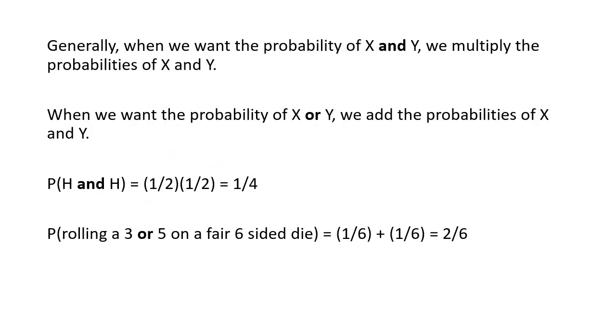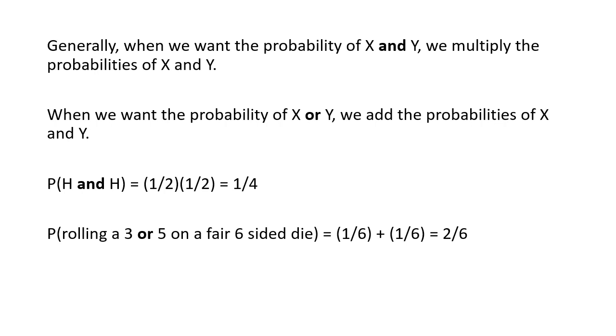So generally, when we want the probability of x and y, we're going to multiply those two probabilities together. For example, in order to win, I needed to get heads and a 5, and that was why I multiplied the 1/2 by 1/6 to get 1/12.